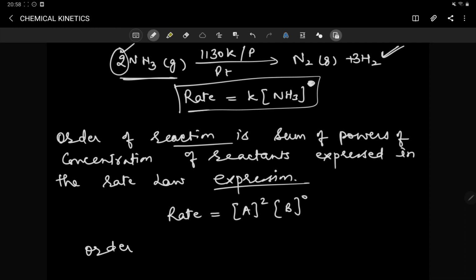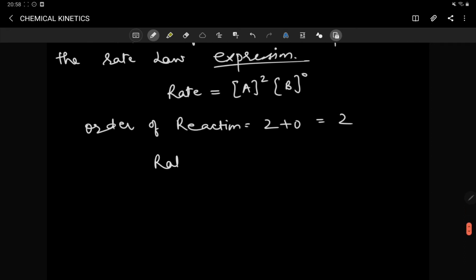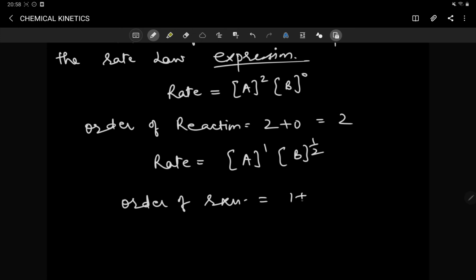Order of reaction will be the sum of the powers, that is 2 plus 0, so second order reaction. Similarly, if the rate law expression written for an equation is A raised to power 1 and B raised to power half, what is the order of reaction? It is going to be 1 plus half, so it will be 1.5.